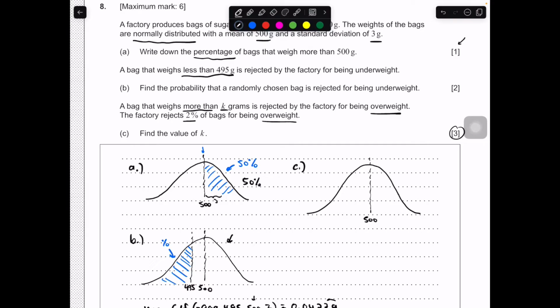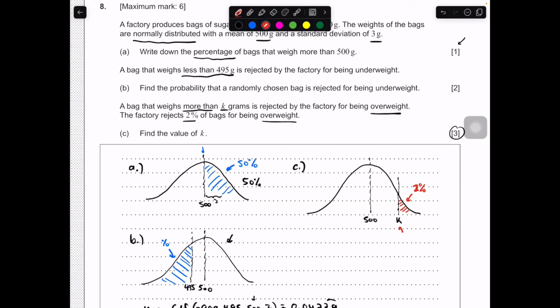So we're looking for a point right here, or thereabouts. If 2% of the bags are rejected here, what is this cutoff point k?